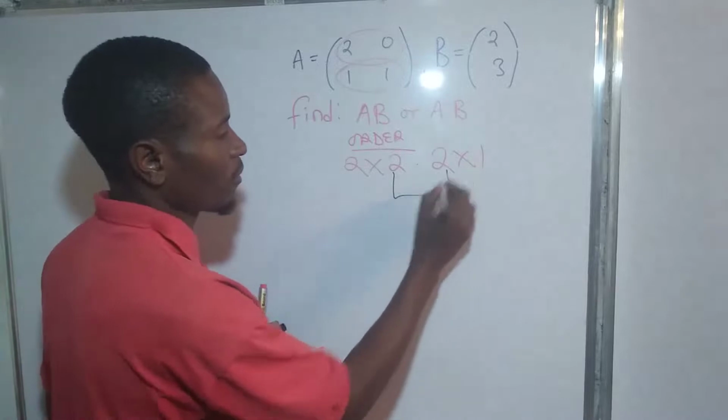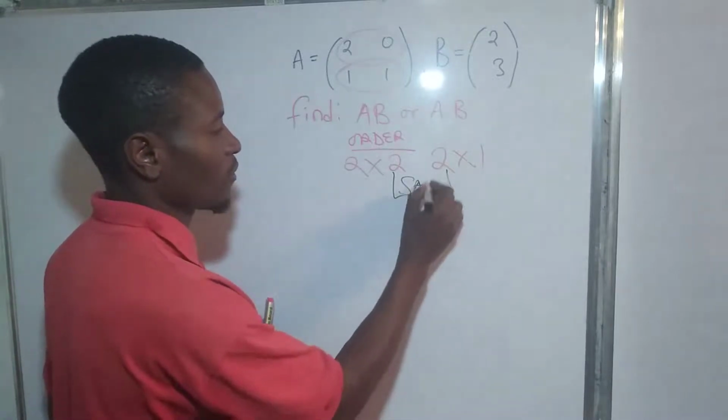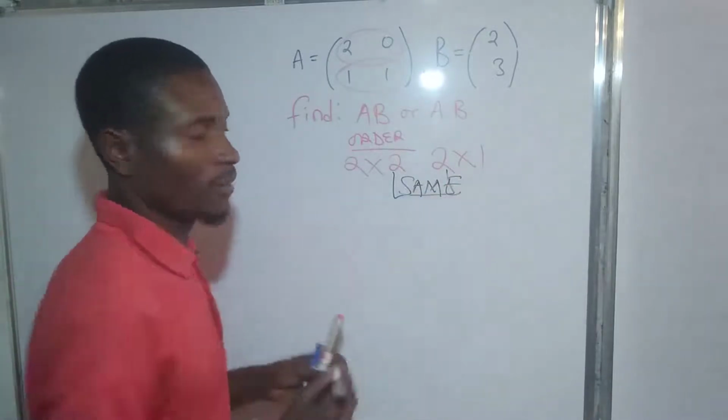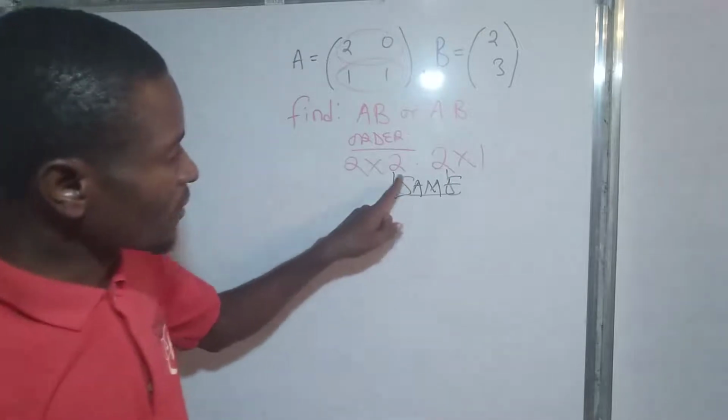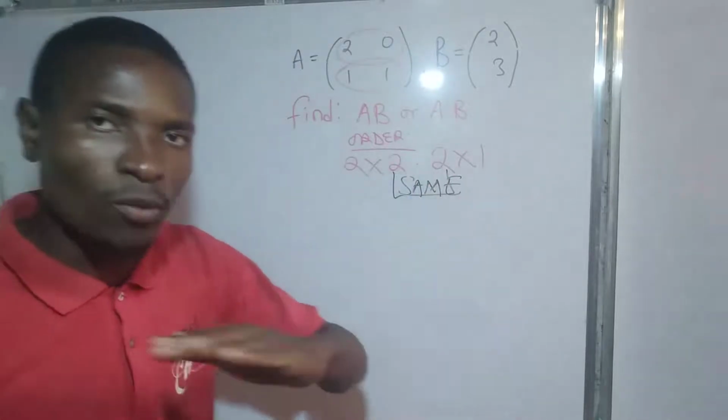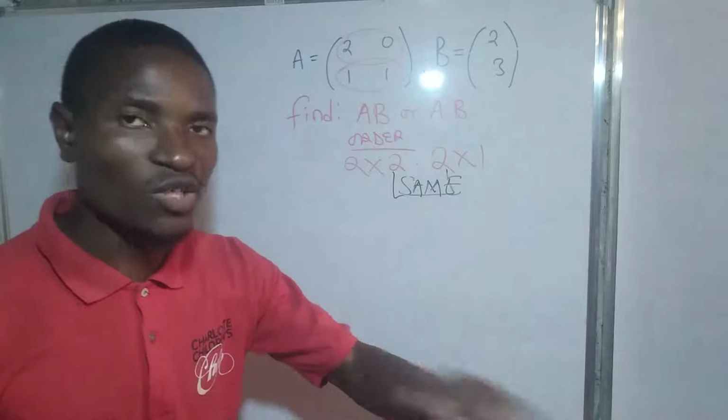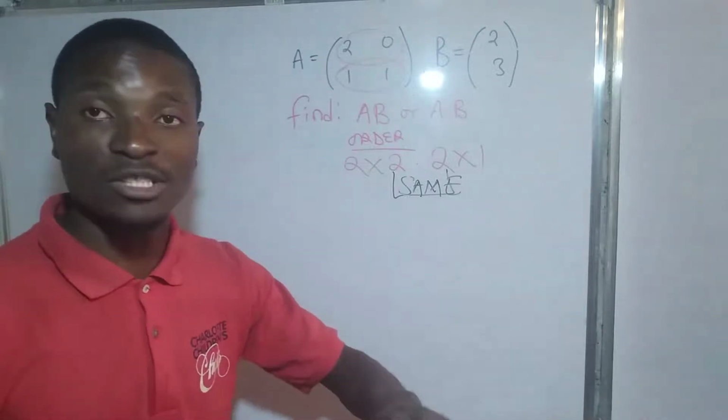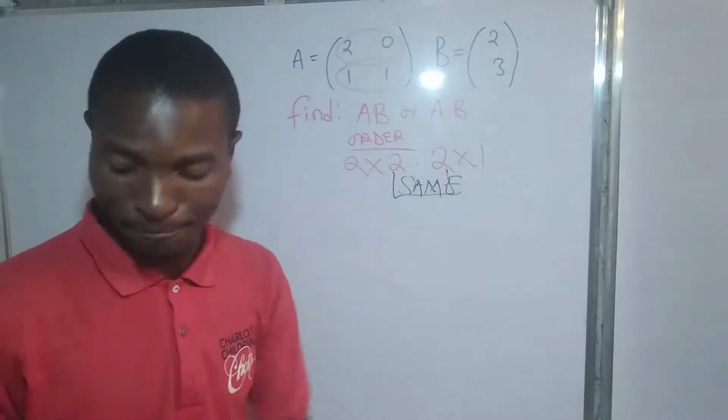So on this one, these numbers are the same. And once those numbers are the same, then you're good to go. Okay, so you can now continue multiplying those two matrices.